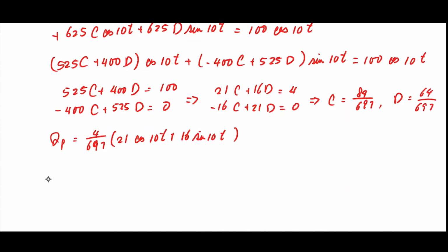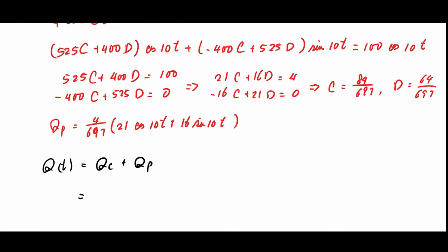Remember, Q is equal to this thingy plus this thingy, right? So from earlier, we had e to the negative 20t, and then we have a cosine 15t plus b sine 15t.